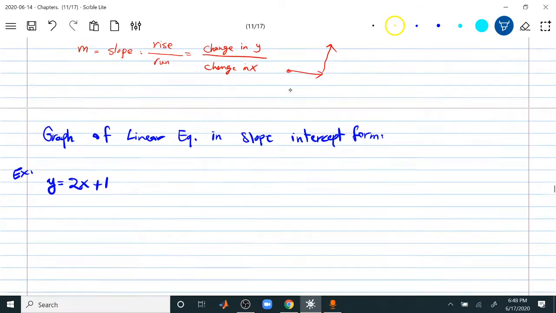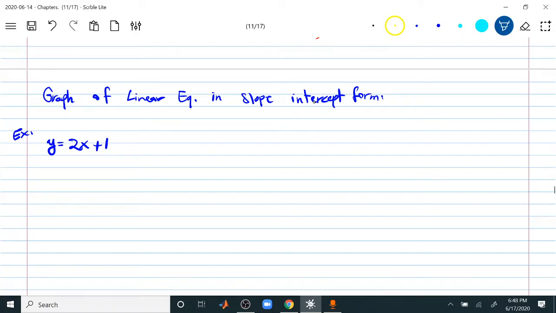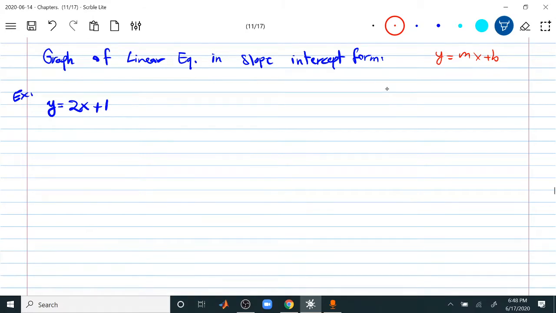How about graphing a linear equation in slope intercept form? Okay, so let's say you're given an equation in the form of y equals mx plus b. This is the slope-intercept form, and we want to graph it. That means you want to find all the solutions. You can always pick x values and find the corresponding y value.